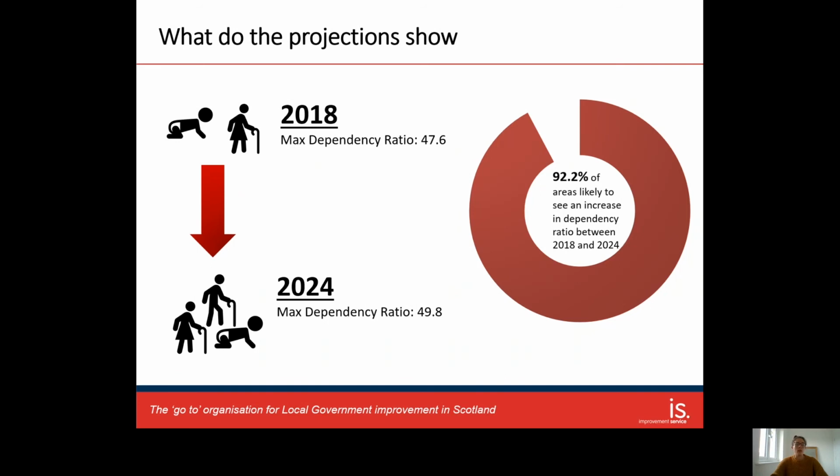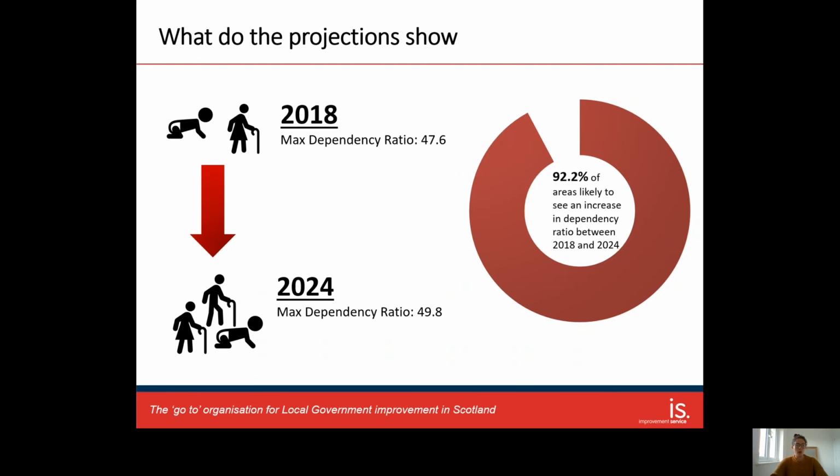So looking at dependency ratio basically gives you a sense of what the impact your population will have on demand for public services. So your dependent population needing those services, compared to those that are contributing to the local economy and potentially working in those services.